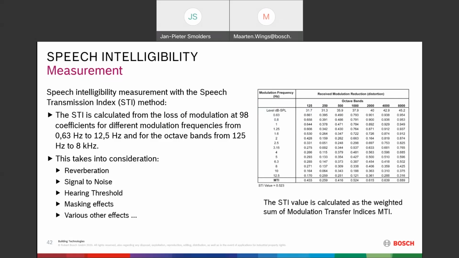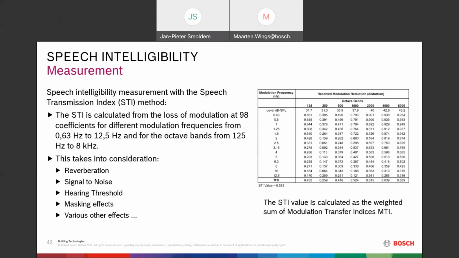So that's the area most important for speech. And it will do that for different modulation levels you see here on the column on the left. And then it will add all these values up. And then on the bottom, you see the modulation transfer indices. So that's the average of all sound pressure levels that are measured for these octave bands.